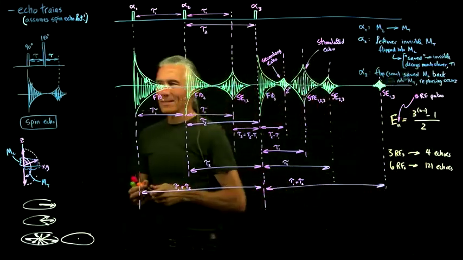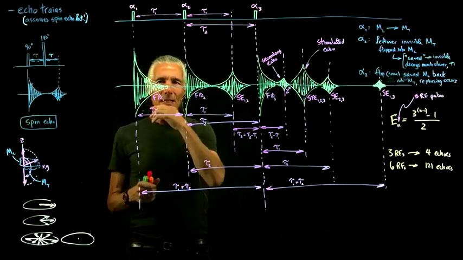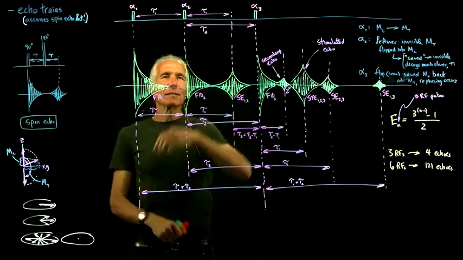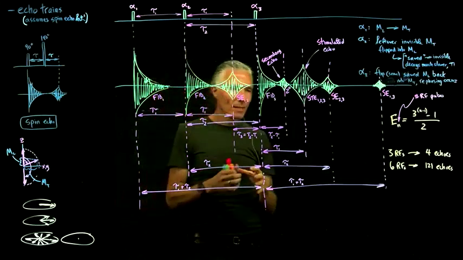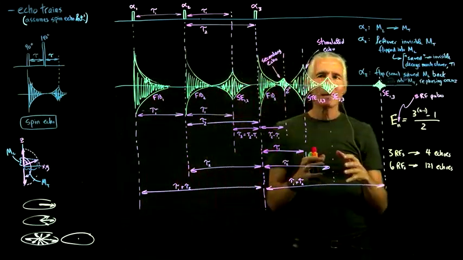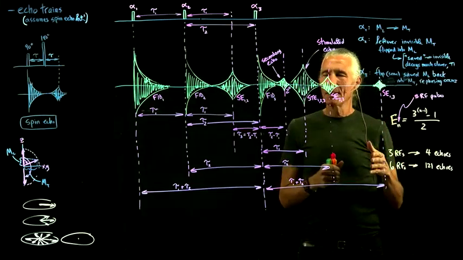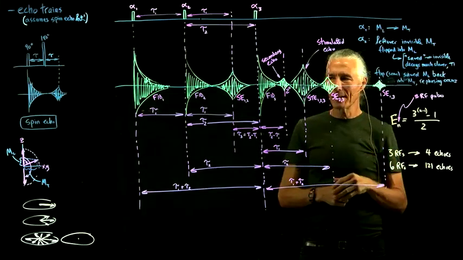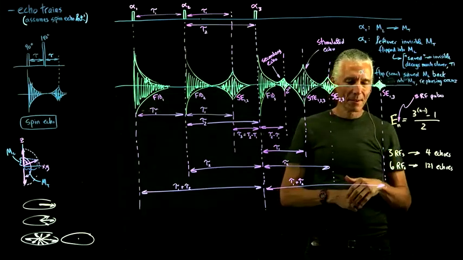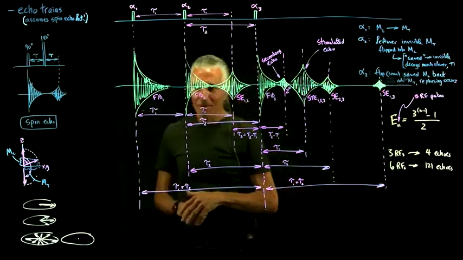So you can clearly see this is one of the reasons why pulse sequences are often very regular. They're very regular because what you're trying to do is get the echoes all sitting on top of each other, so that we don't have random echoes appearing in random places and messing up the data. So it turns out it's actually extremely easy to make echoes.